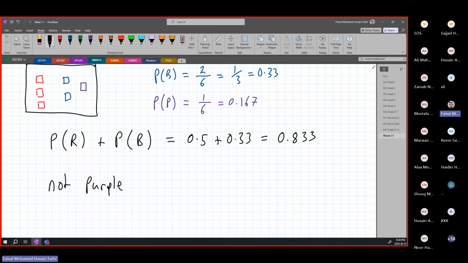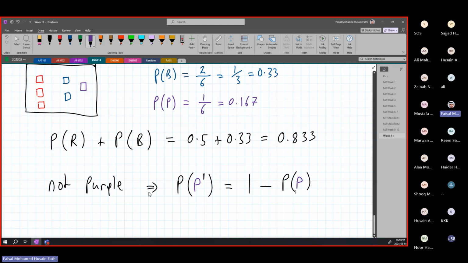All right? So not purple. So the probability of not purple is given by this symbol over here. So this is purple, but we are talking about not purple. It is given by this symbol. And this is equal to 1 minus the probability of purple occurring.